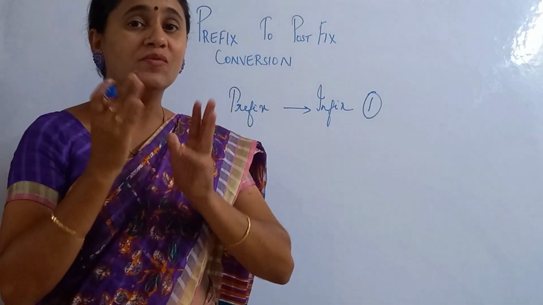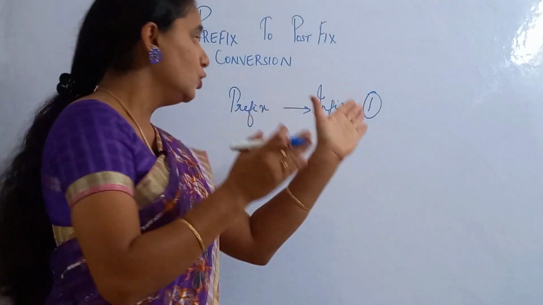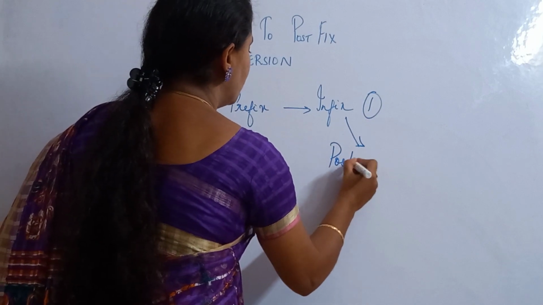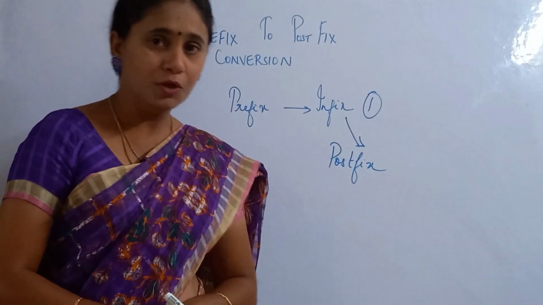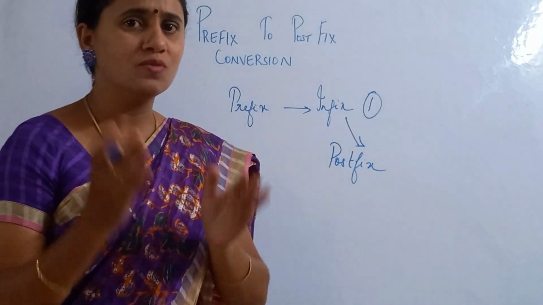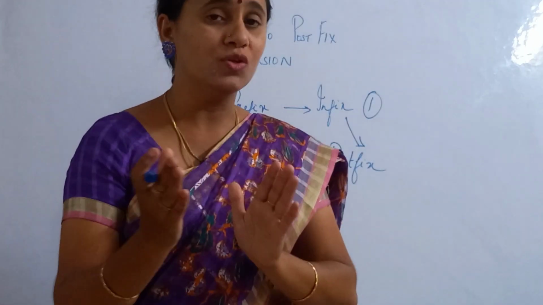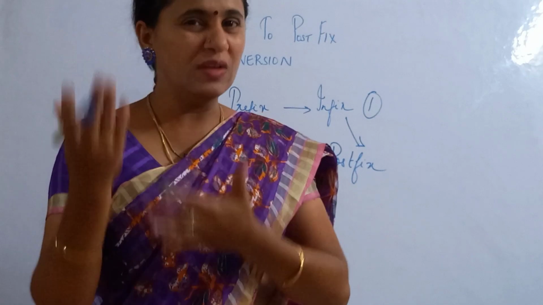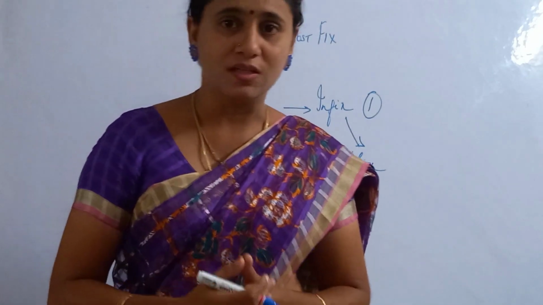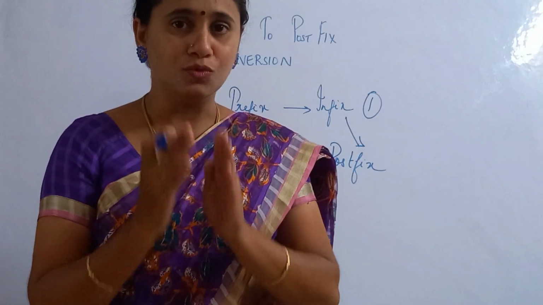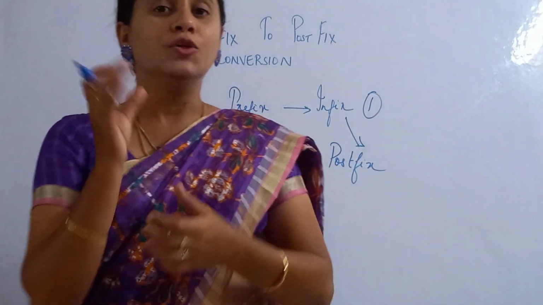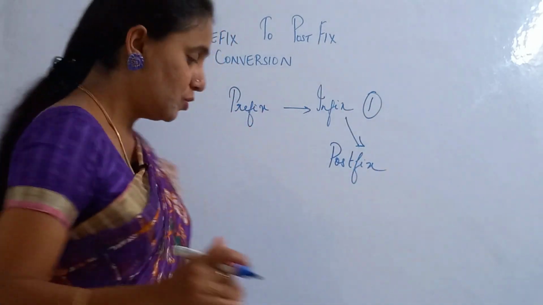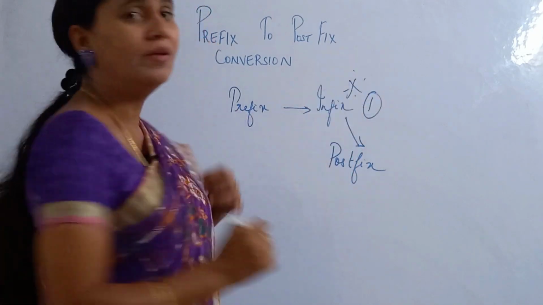After you have got the infix expression, you convert that infix expression into a postfix expression. In the regular conversions, they would have asked for direct conversion, that is prefix to infix, infix to prefix, or postfix to infix. Suppose they ask you for these other types of conversions, you should take the mediator, the middle member, as your infix expression, because this is the standard format of expressions, isn't it?